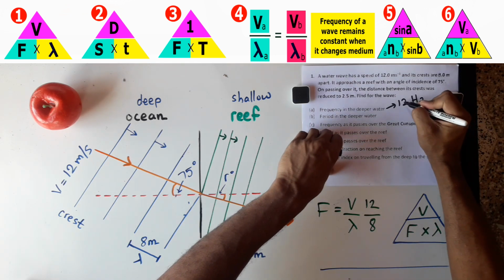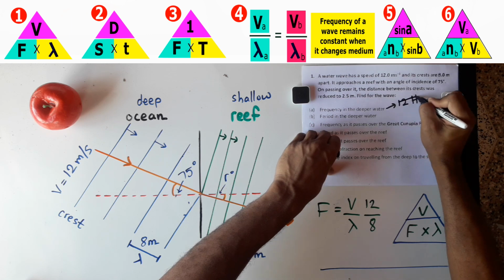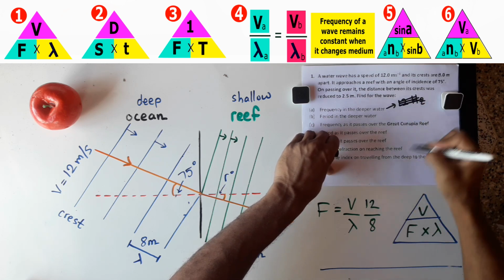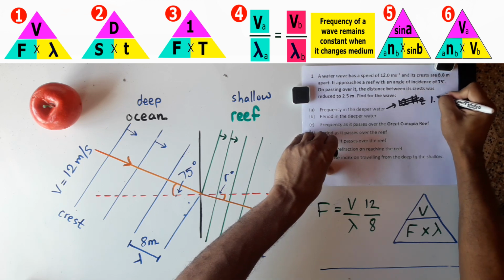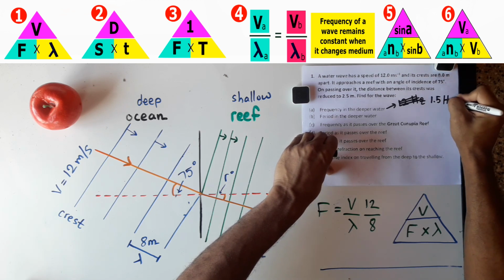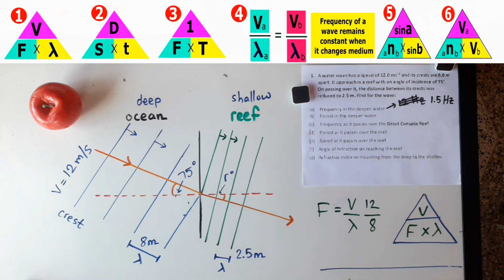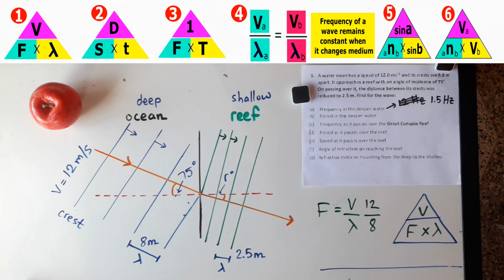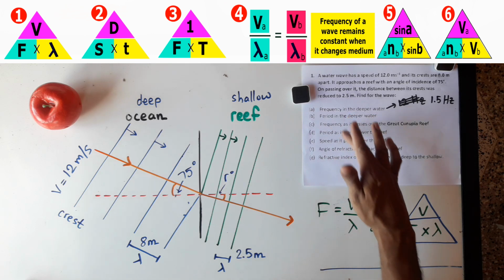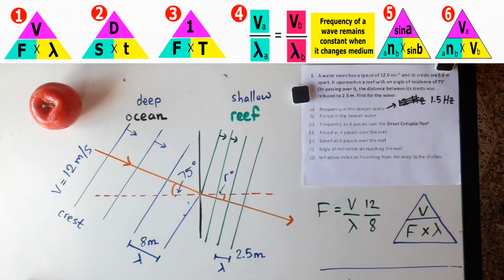Why did I write that? I made a mistake here, guys. 12 divided by 8 is 1.5 Hertz. That's the frequency in the deeper part. Now, without me reading the rest of the questions, I just want to point out one thing.